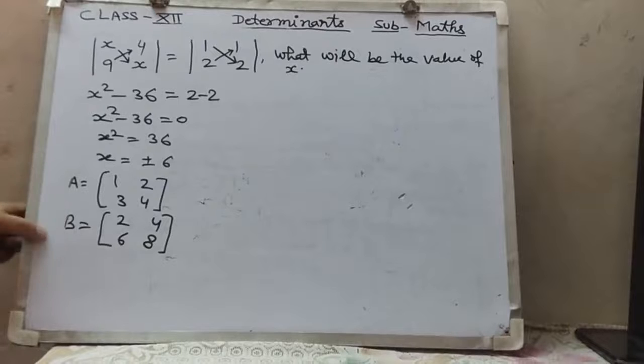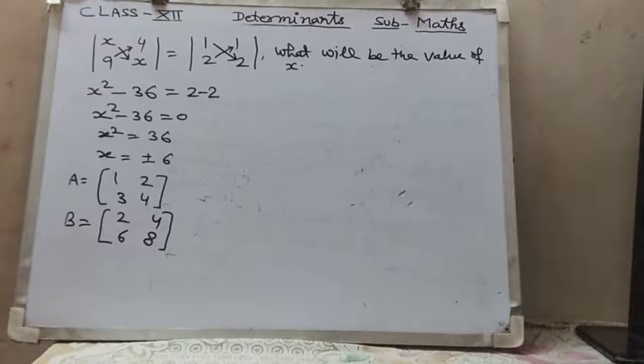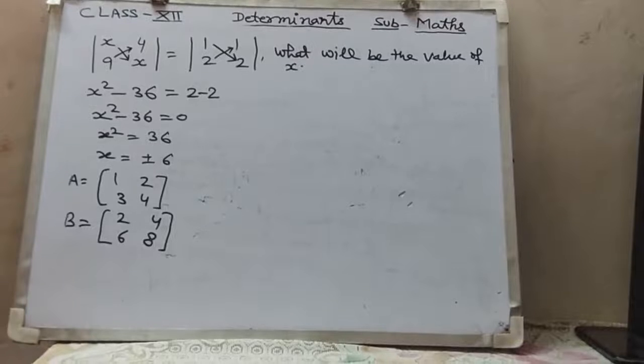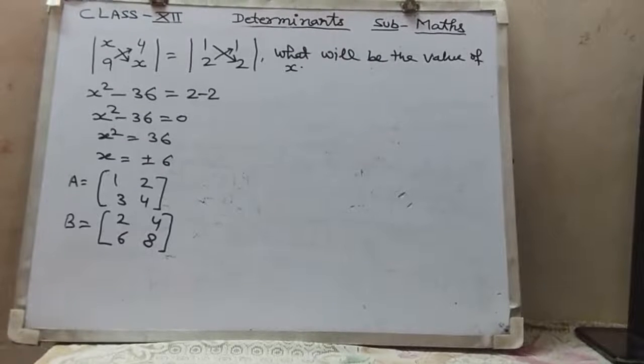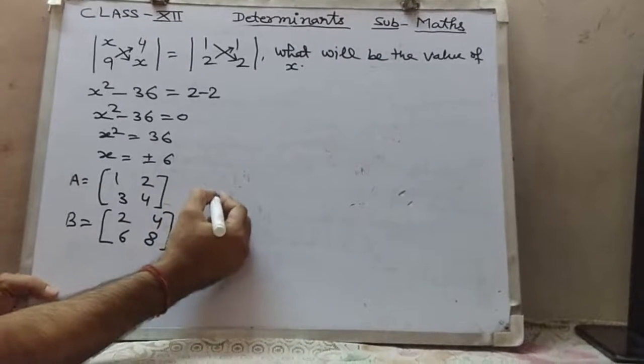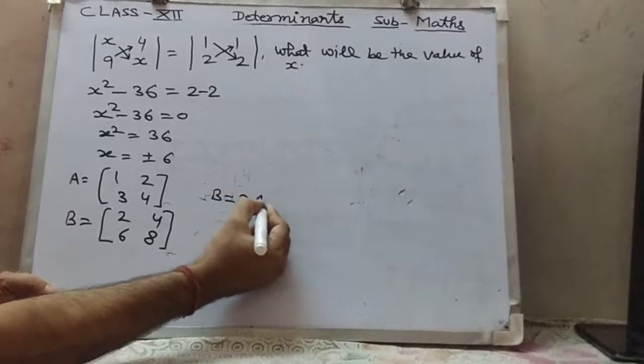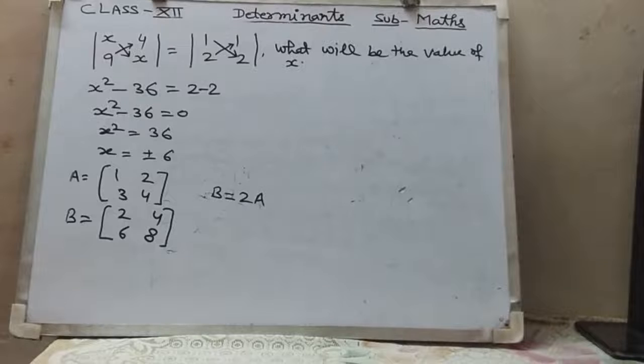Are you seeing some relation between these two? Here, the elements of B are double the elements of A. So we can write B is equal to 2A. Matrix B can be written like B equal to 2A.